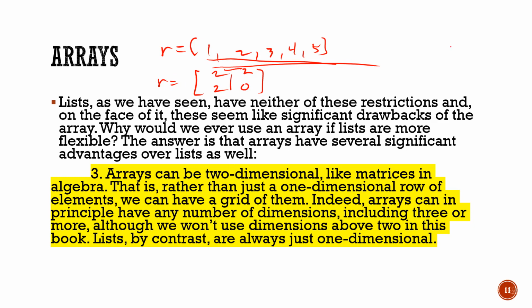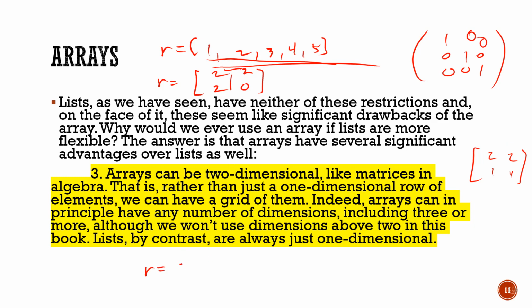For example, a 3 by 3 matrix like 1 1 1 0 0, or a two-dimensional matrix like 2 2 1 1. And then vectors also: if you want to add or multiply vectors, you cannot use a list.